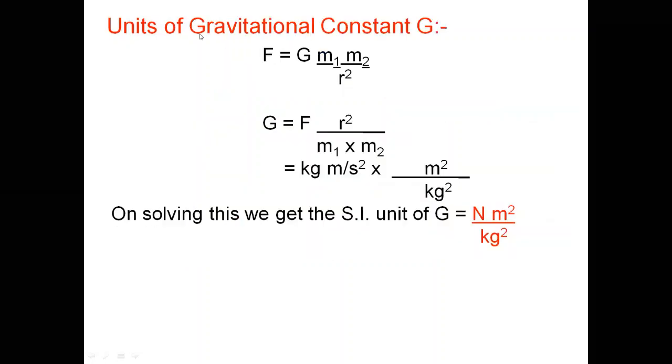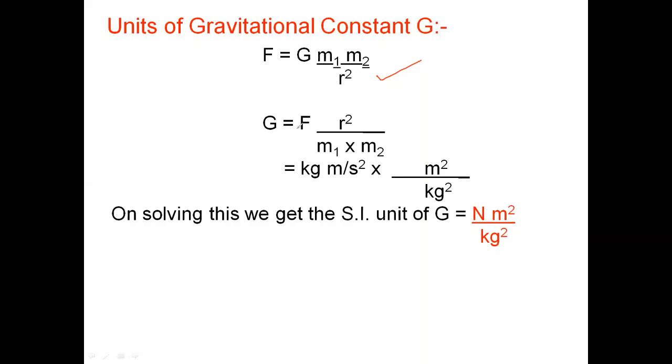Now, how will we get the unit of the gravitational constant? We will write the equation of the universal law of gravitation: F is equal to G m1 m2 divided by r square.